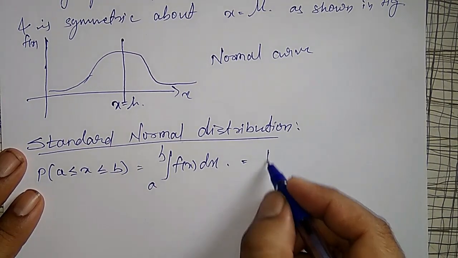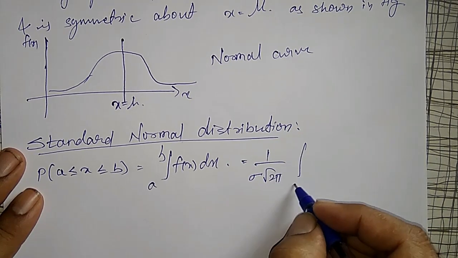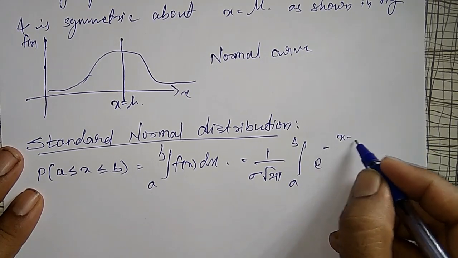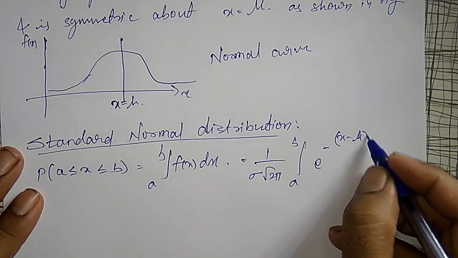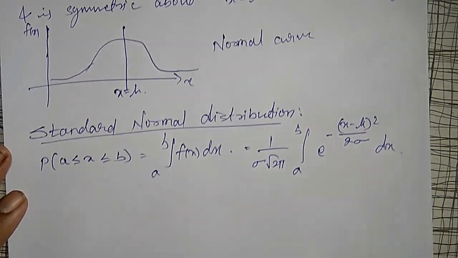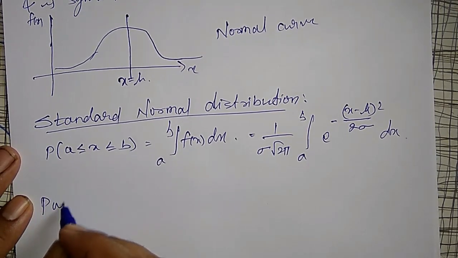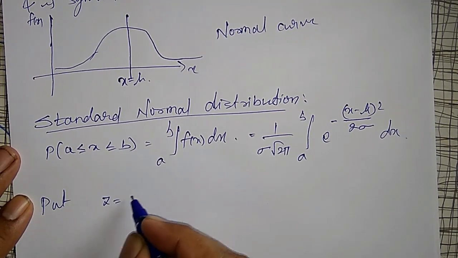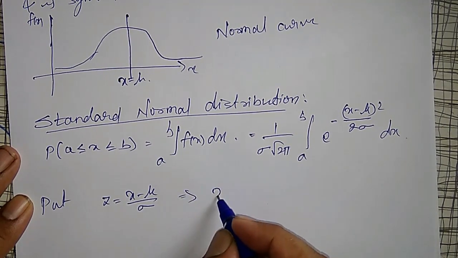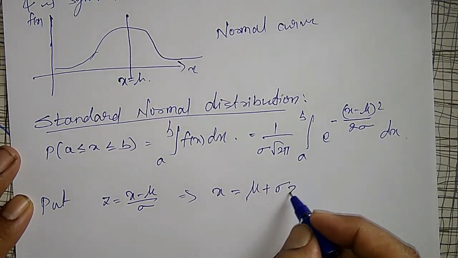This is defined to be 1 divided by sigma into root 2 pi, integration from a to b of e to the power minus x minus mu the whole square divided by 2 sigma square, dx. To convert this into standard form, let me put z, small z, is equal to x minus mu divided by sigma, or x is equal to mu plus sigma z.